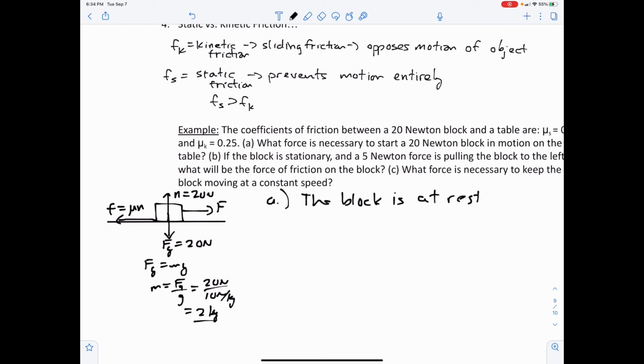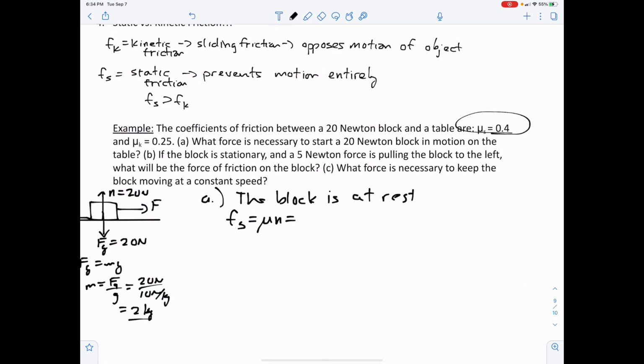And in order to start it in motion, you must exceed the maximum static friction force. Okay, well, let's figure that out. The maximum static friction force would be mu times normal force. Well, the coefficient of static friction is 0.4 times the normal force of 20, and 0.4 times 20 is 8 newtons.